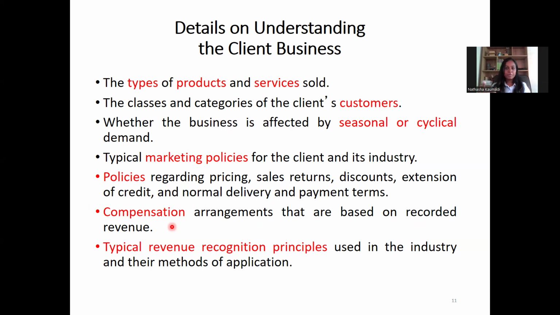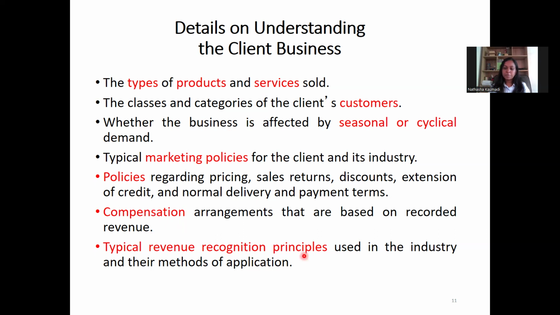Sometimes because of the bonuses, managers may manipulate the sales figures. They will try to overstate the revenue because they need the bonus. So that is inherent risk. There's a high risk there, right? That is why you need to know these things.